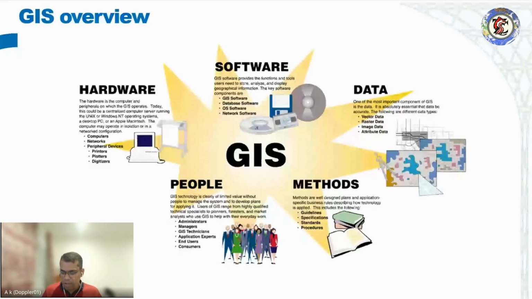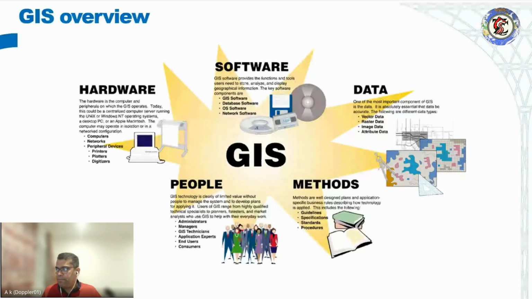So GIS is comprised of data, software, hardware, people, and methods. Data is whatever information you collect for a particular location to do some analysis. Software is a very important part that consolidates all that information, identifies different patterns, and gives some outputs, some interface, some results, and some interpretation of that information.